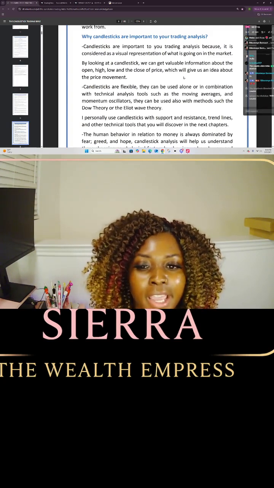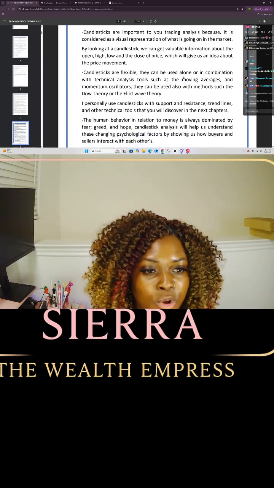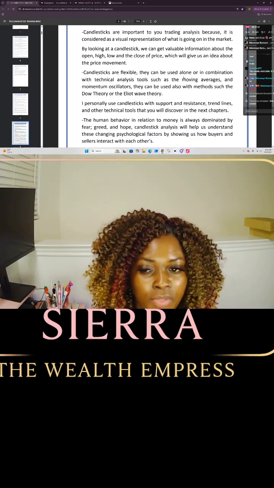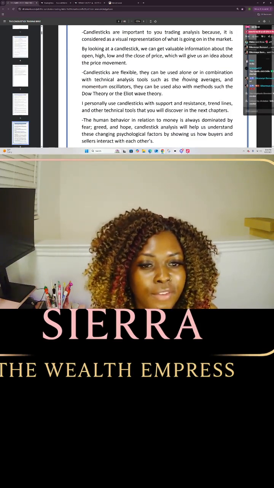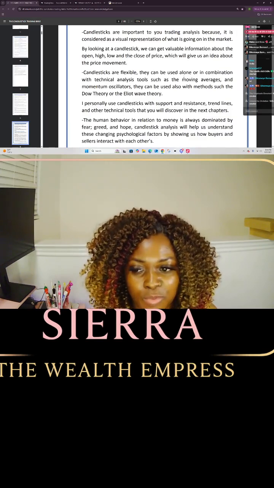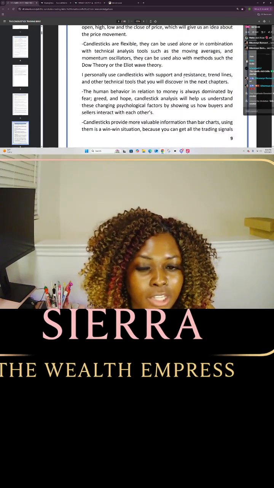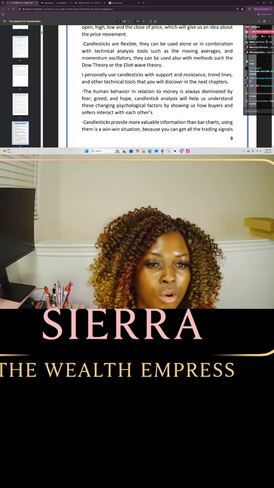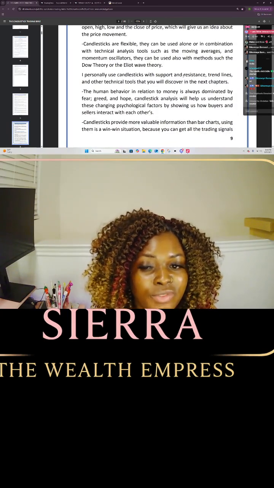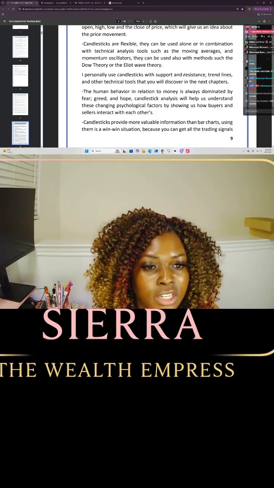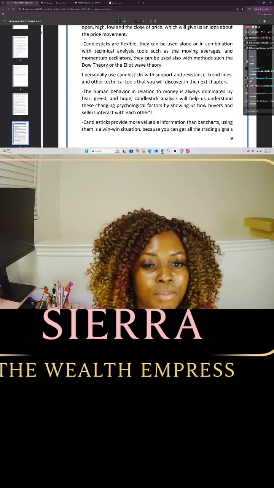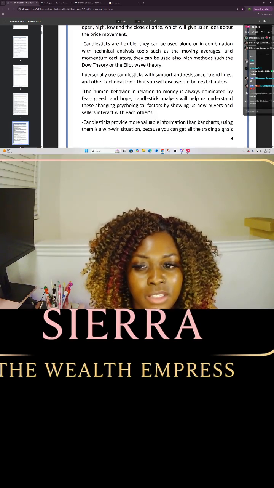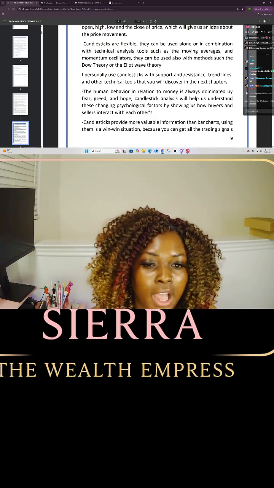By looking at a candlestick, we can get valuable information about the open, the high, the low, and the close of price, which will give us an idea about the price movement. Candlesticks are flexible. They can be used alone or in combination with technical analysis tools such as moving averages and momentum oscillators, and also with methods such as the Dow theory or the Elliott wave theory.